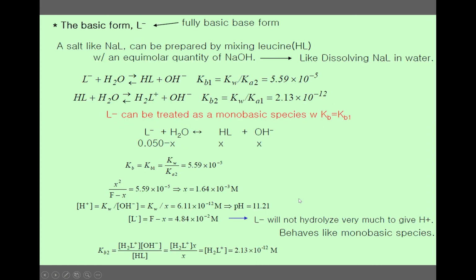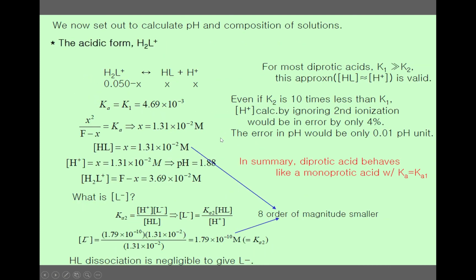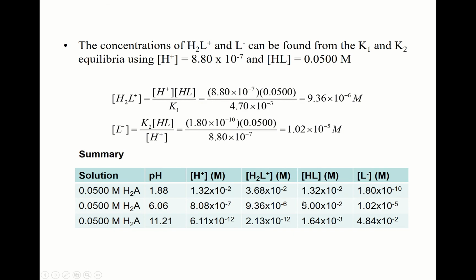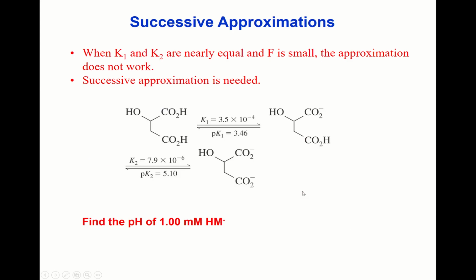For the HL form, the concentration is given by this amount. Things may be very simplified, but we will meet a very different situation. I will treat it in a separate lecture.